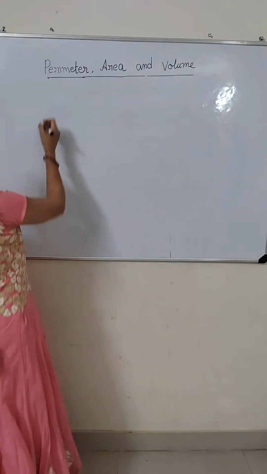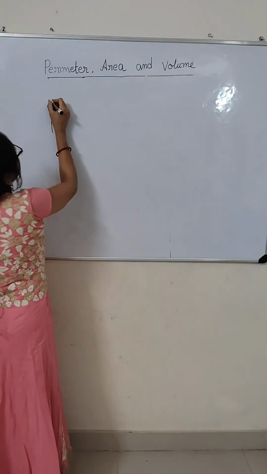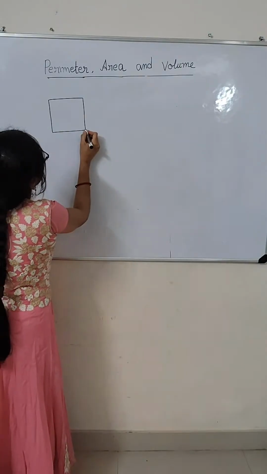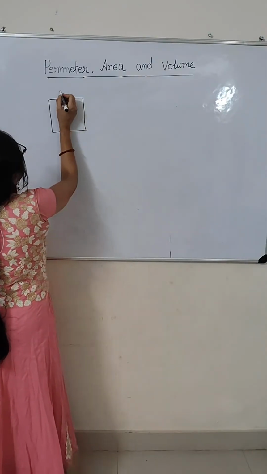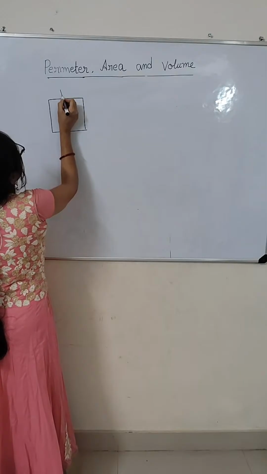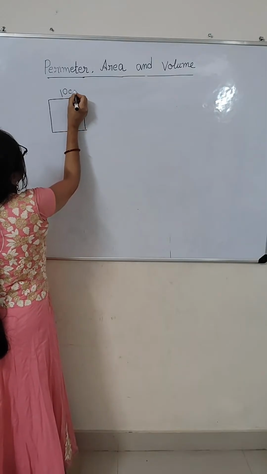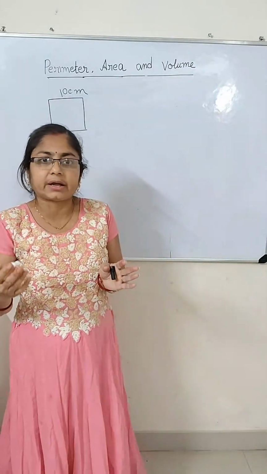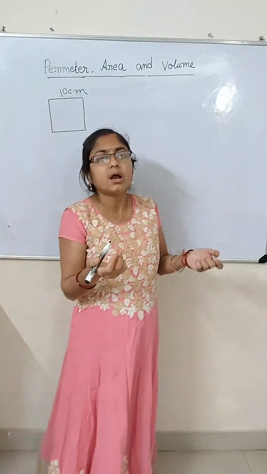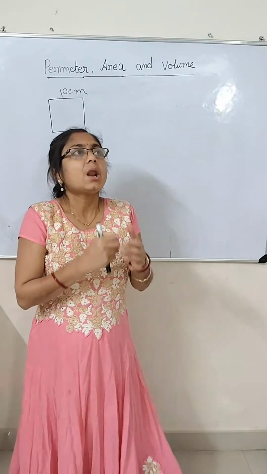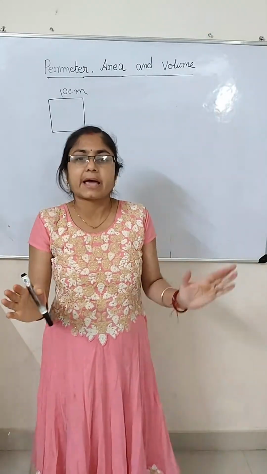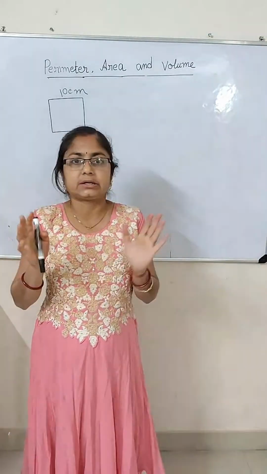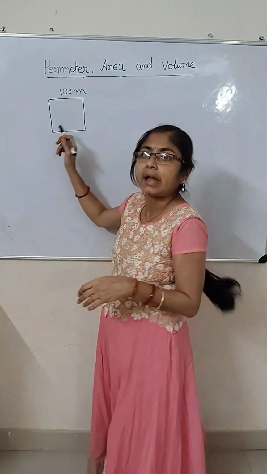Now I do a square. It is 10 centimeter. First I tell what is the difference between square and rectangle. It is a basic thing which I tell one more time. In a square, all the sides are equal and the angles are 90 degree.